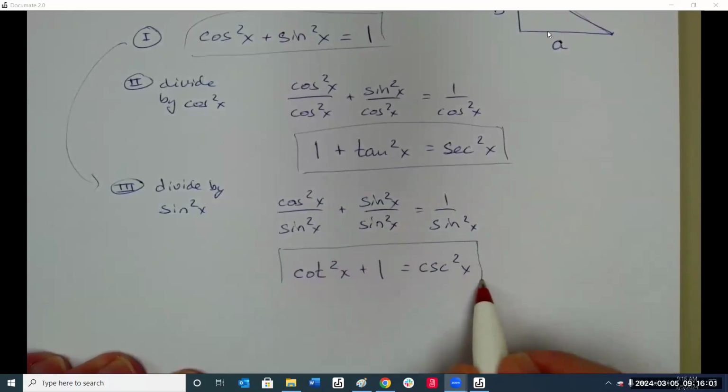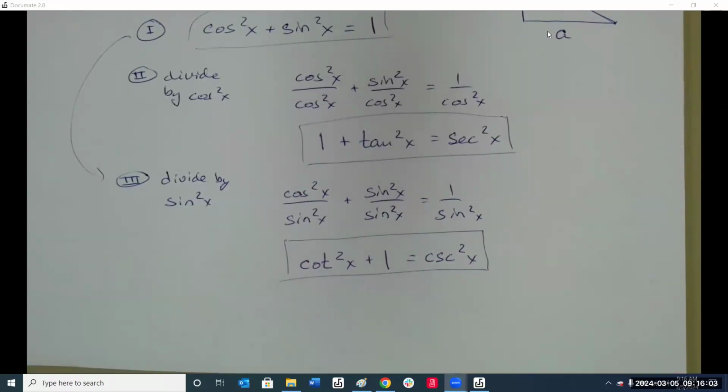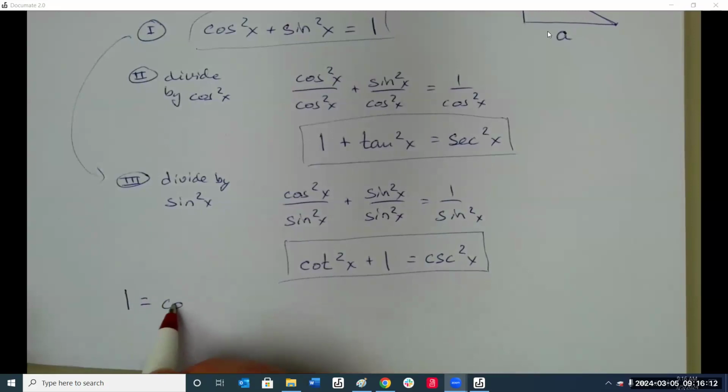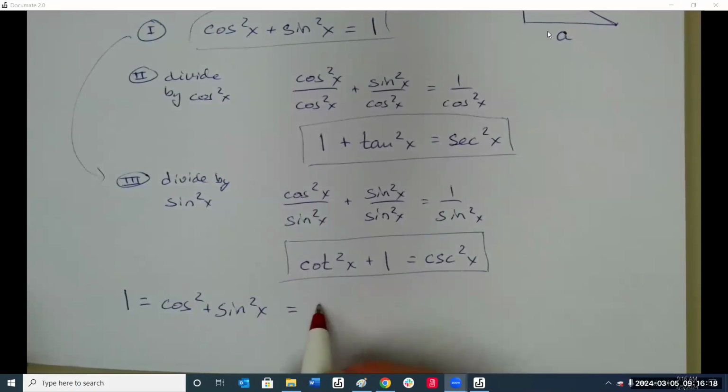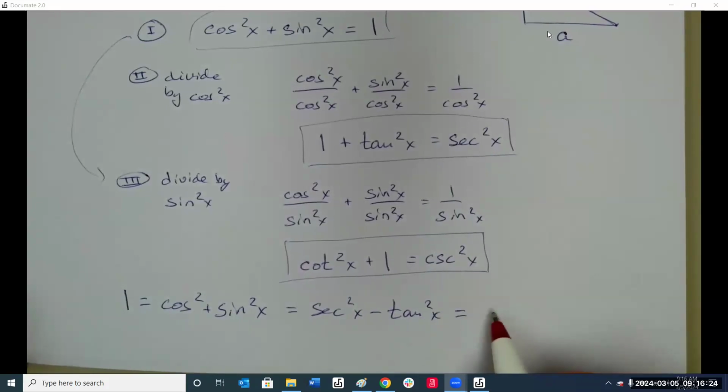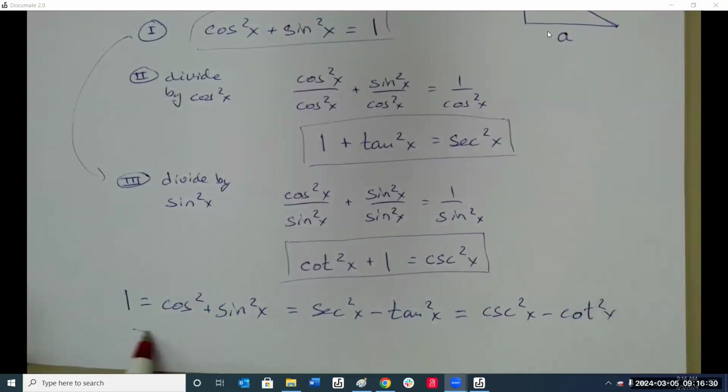And the connection between all of them is they all equal 1. All of these are the same thing. They all equal 1. Again, it all started off from the Pythagorean theorem because we deal with right triangles.